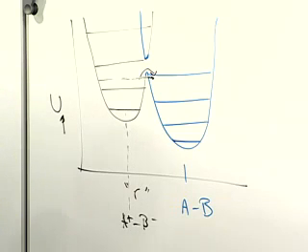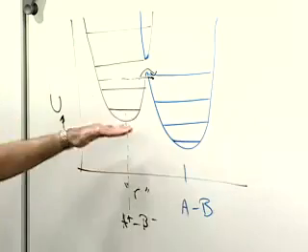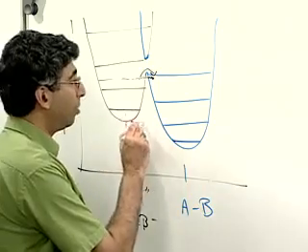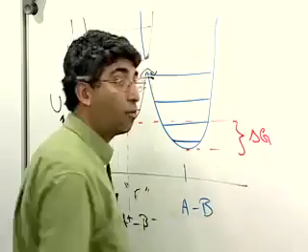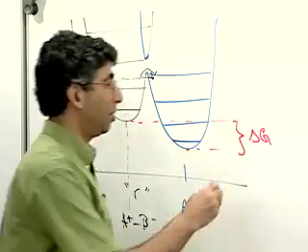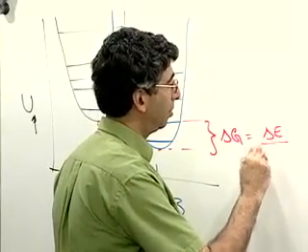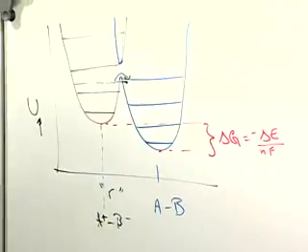And this happens. Okay, now, you'll notice these two parabolas are not at the same 0 points, and that difference in energy between the 0 points of these parabolas is just the free energy for the reaction, which, within a few constants, is the change in potential for the reaction. Okay.